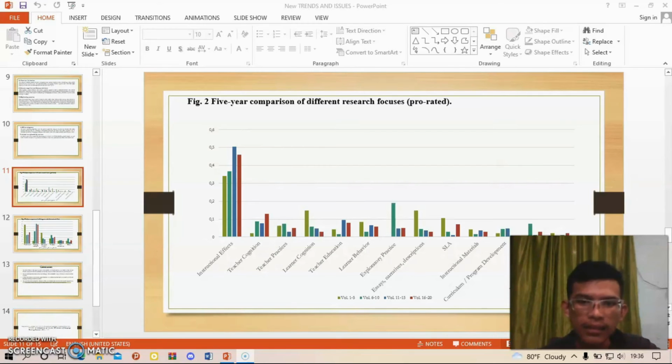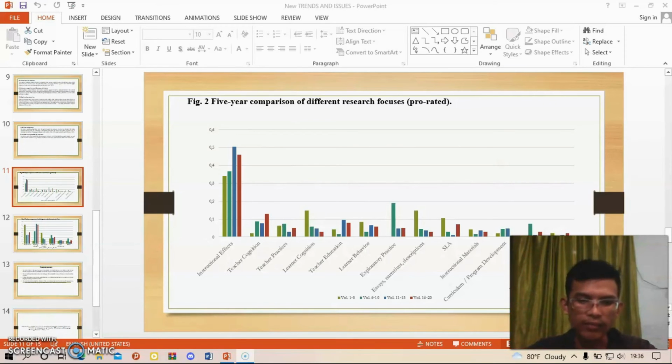In this graphic, we can see a comparison of different research focuses about new trends and issues in teaching and learning English as a foreign language. We can see in this table the most dominant focus is instructional effects.